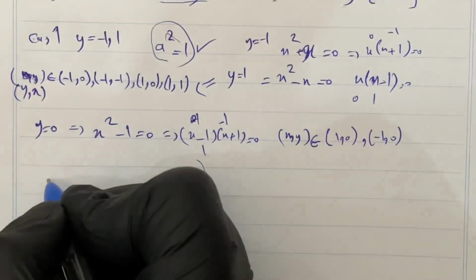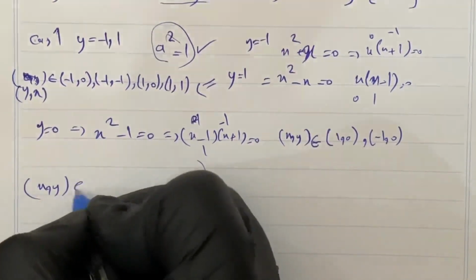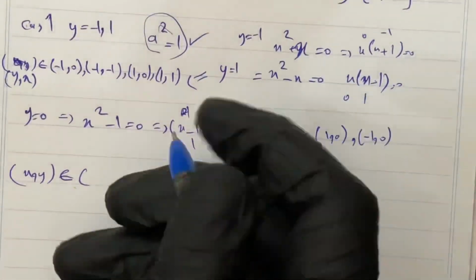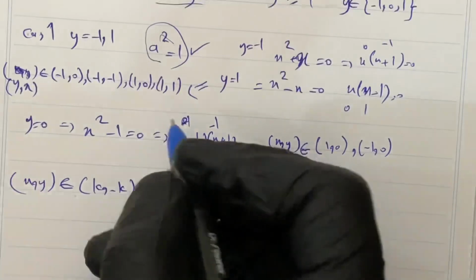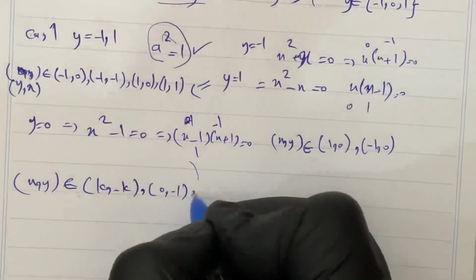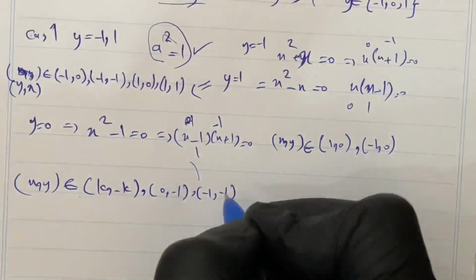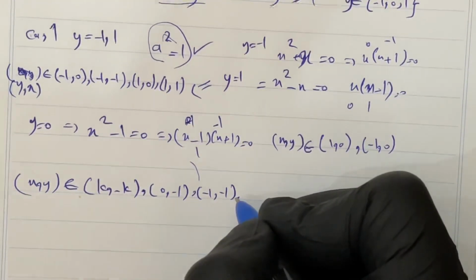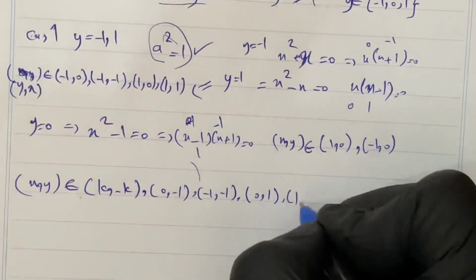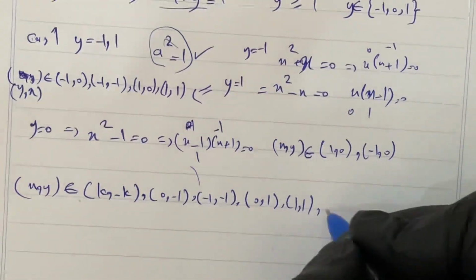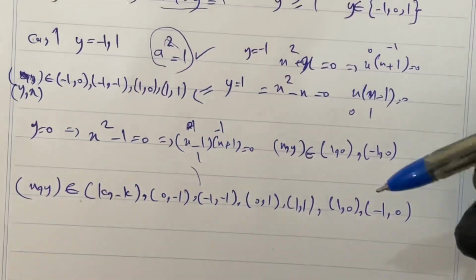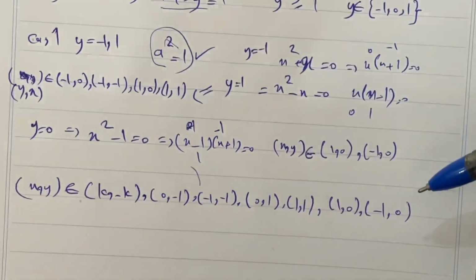Let's do a quick review of our answers. First, we found the answers in the form k and negative k. Also, we have (negative 1, negative 1), (0, negative 1), (1, 1), (0, 1), and (1, 0) and (negative 1, 0). Let's check that we don't have any repeated answers.